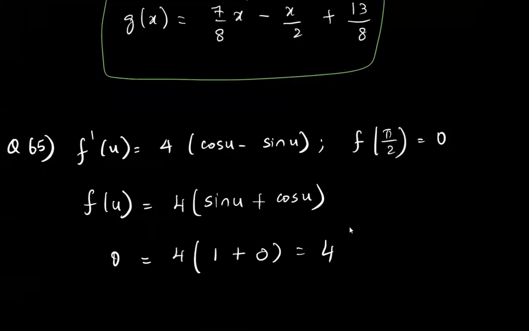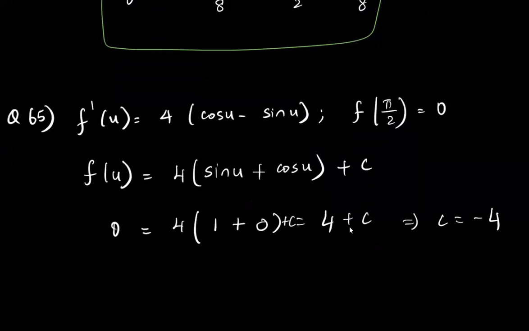So this gives me 4. Which means C is negative 4. Okay, so then I write my function f of u is equal to 4 times sine u plus cosine u minus 4.